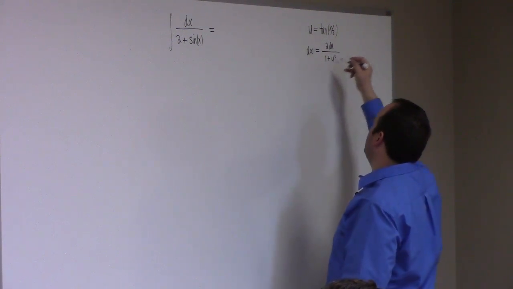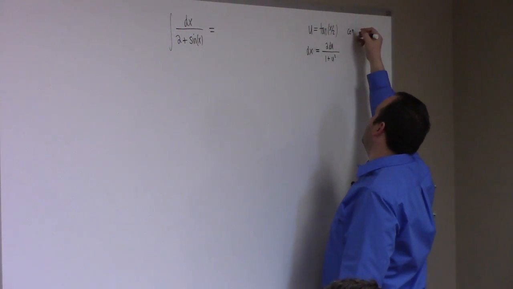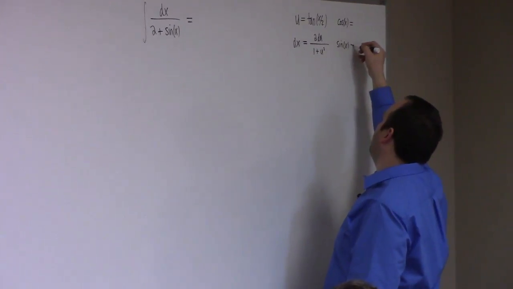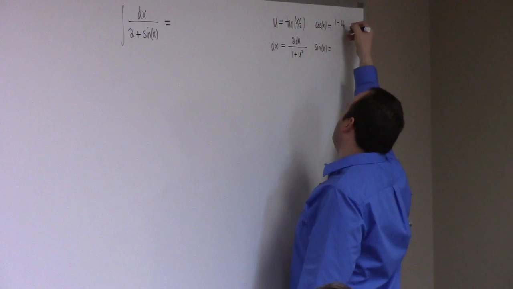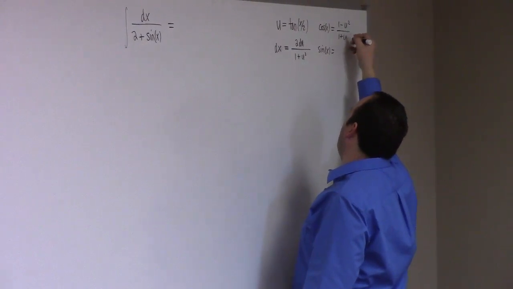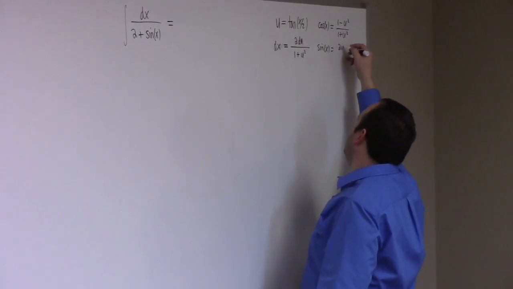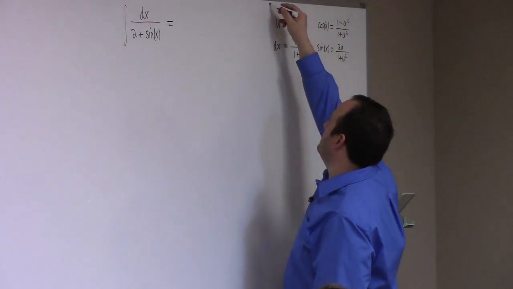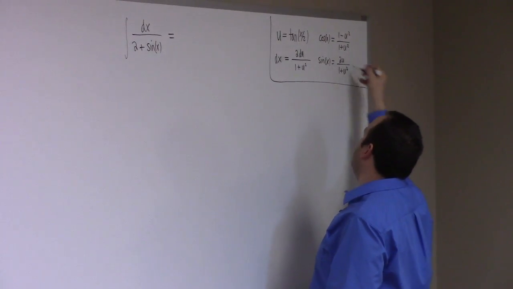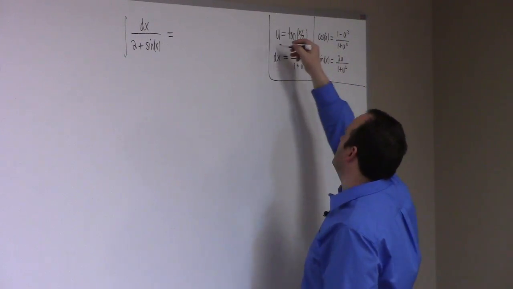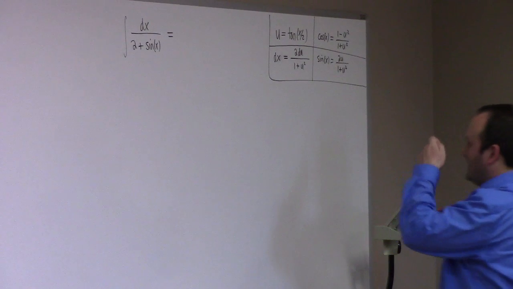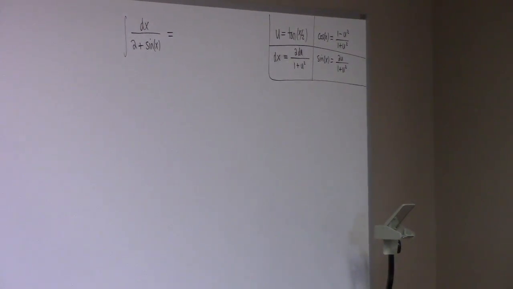What was cosine of x equal to? What was sine of x equal to? Cosine was 1 minus u squared over 1 plus u squared, and sine was 2u over 1 plus u squared. Am I right about that too? Yes. Okay, good. I've got all the necessary 2's. So there you go. There is the Weierstrass substitution.